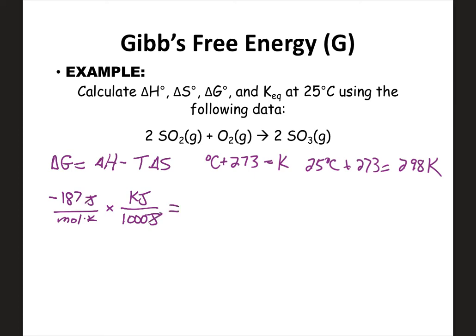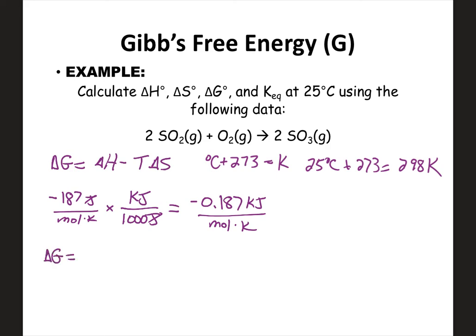Joules will cancel, and now we will be in kilojoules per mole times Kelvin. So we're going to get negative 0.187 kilojoules per mole times Kelvin here. So that's my value of delta S in the correct units. So now I'm just going to plug into the equation here and solve for delta G.